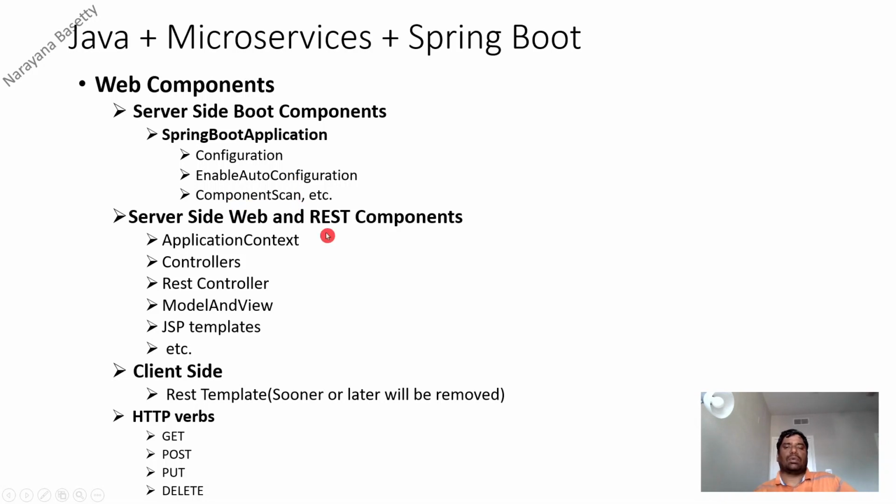And component scan, what is component scan? Say you have a package, com.narayana. This is the baseline package where I am going to write a Spring Boot application, for example SpringWebApplication.java, where I specify @SpringBootApplication. It starts loading from that baseline package and whatever packages are underneath it.